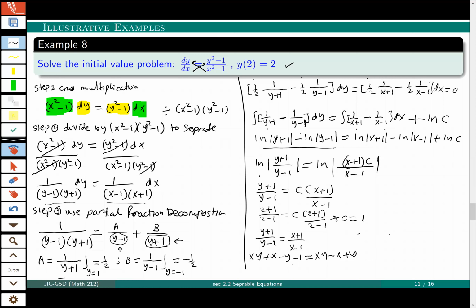So minus 1 is cancelled with minus 1, and xy is cancelled with xy, and if I move minus y to the right-hand side, I will get 2y. If I move minus x to the other side, I will get 2x. So dividing by 2, our solution will be y equal to x is the solution.